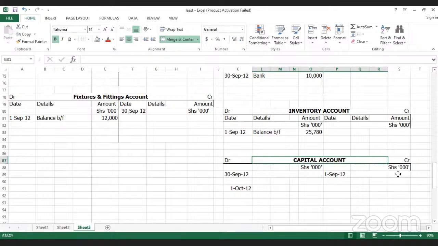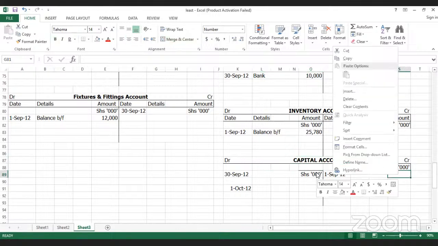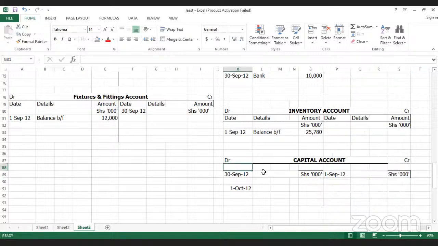So prepare a capital account. That's what we are preparing.